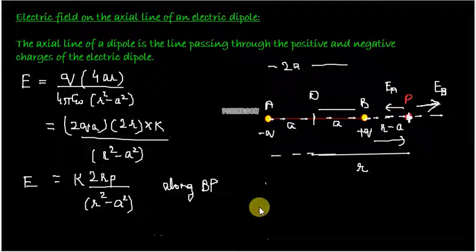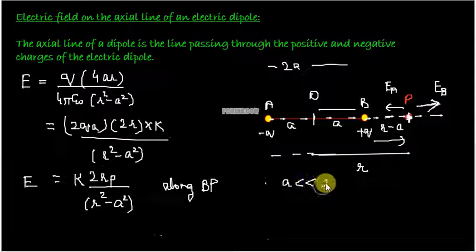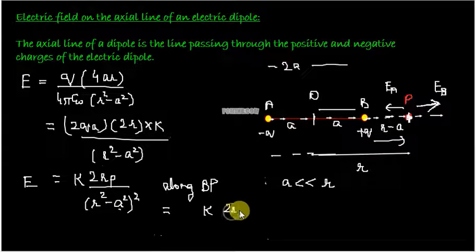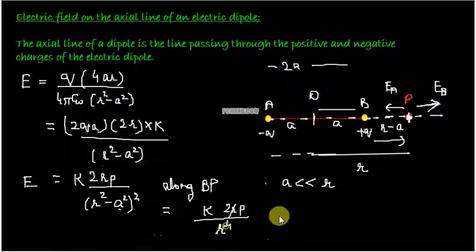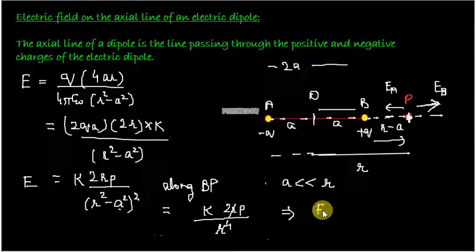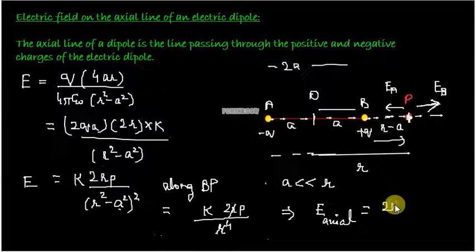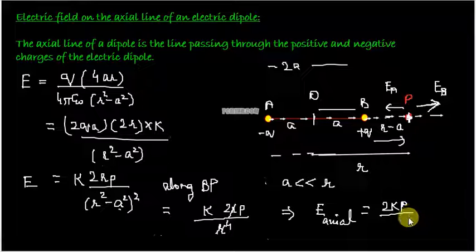And in the special case that the dipole is extremely short, the distance a is negligible compared to r. Therefore we can omit this a square, so it becomes k times 2rp upon r raised to the power 4, and one r cancels. Therefore the net electric field on the axial line of a short dipole is 2kp upon r cube.